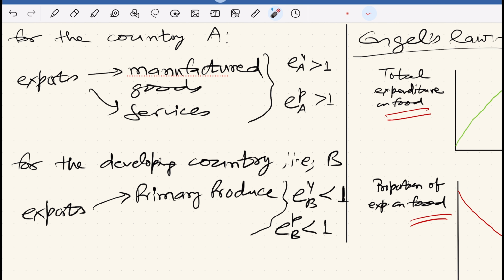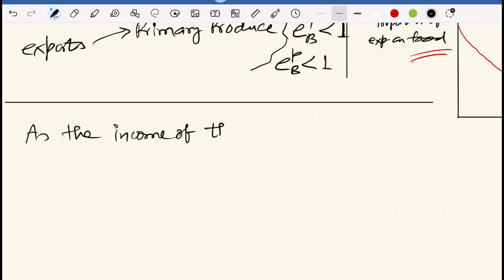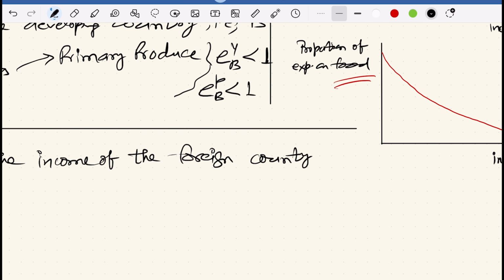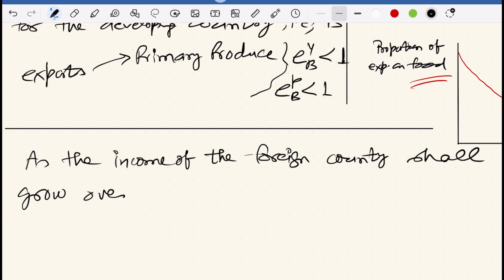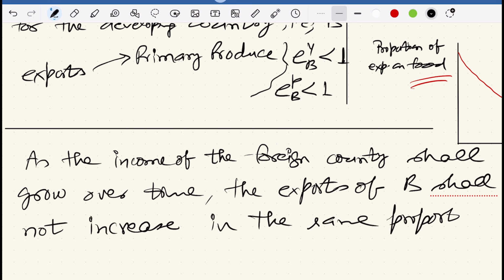So it means there will be a divergence between the exports and imports. So now with this, we can write it as the income of the foreign country shall grow over time. The exports of B shall not increase in the same proportion.